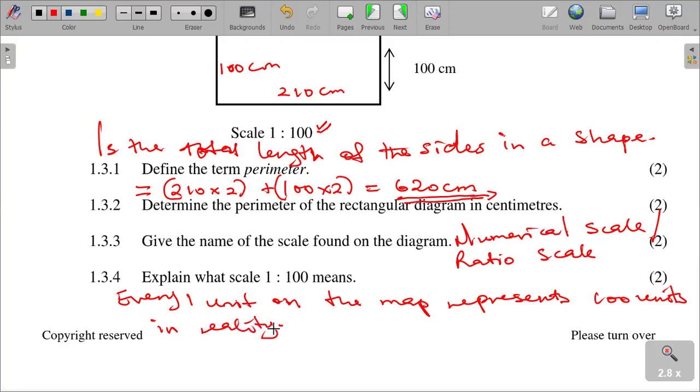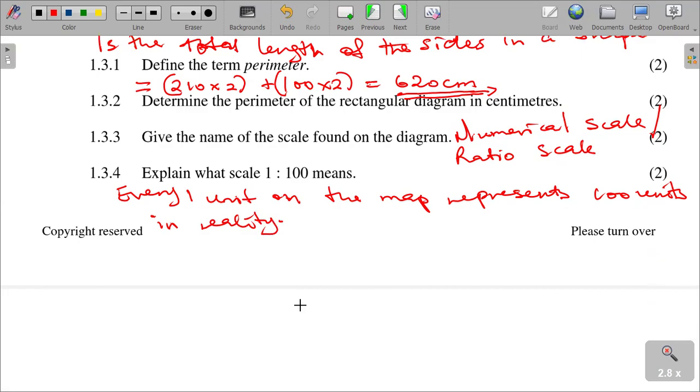That's what it means in terms of the meaning of the scale. We can say 1 centimeter on the scale represents 100 centimeters on the ground.